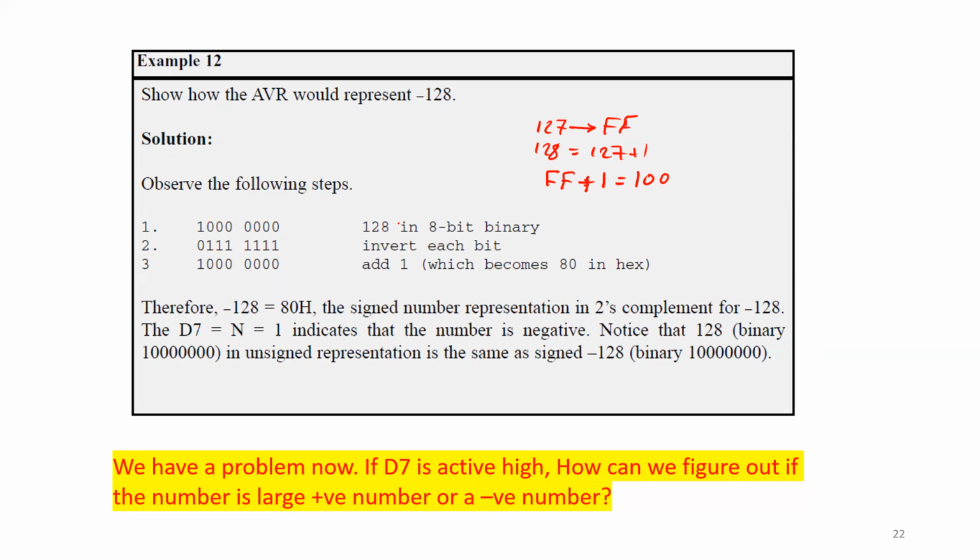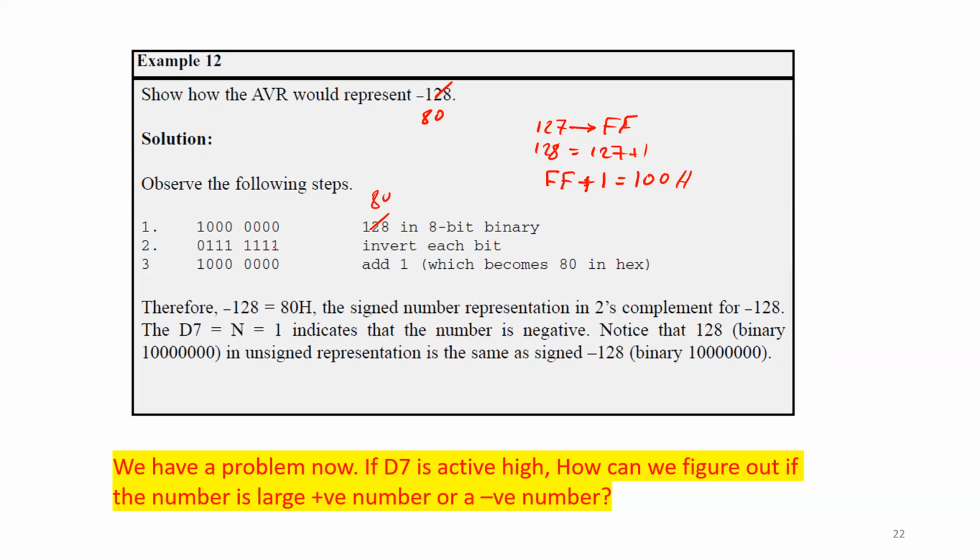We have a typo here, guys, in this example, because this number now represents 80, not 128. So this is here 80, because 128 is 100 in hexadecimal.